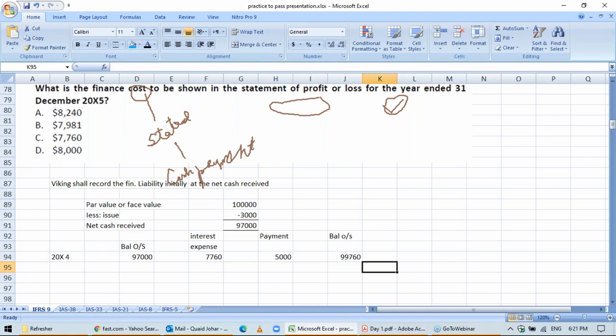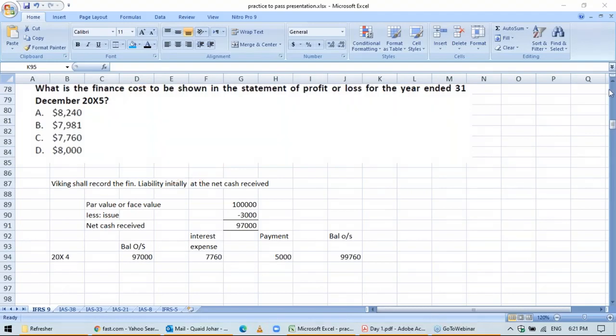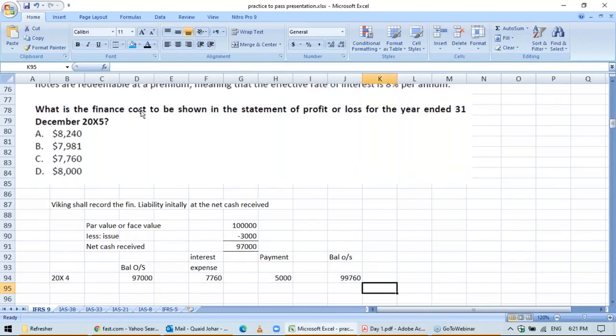Now, what is the question asking from you? The question is asking for the finance cost to be shown in the profit or loss account for the year 2005, not 2004.